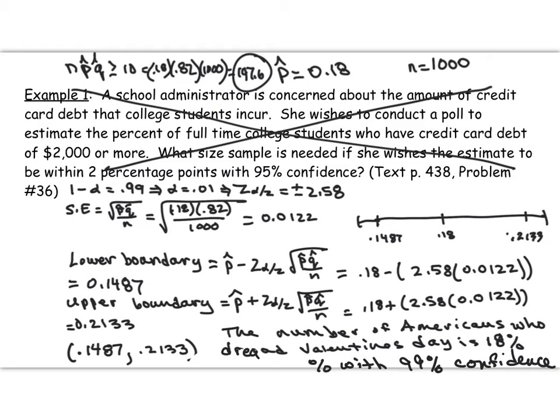Okay, so I can't add or subtract. It's actually plus or minus 3.13%. How do I get that? Well, it's the difference between the point estimate and either the top or the bottom boundary.